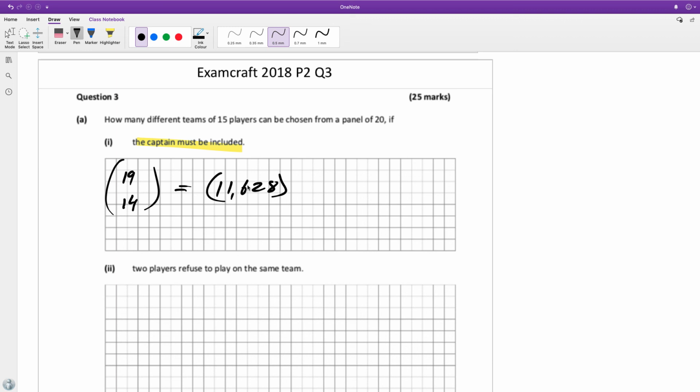Or leave them out completely. How many players are we? We have 20 players. How many do you want to choose? 15.